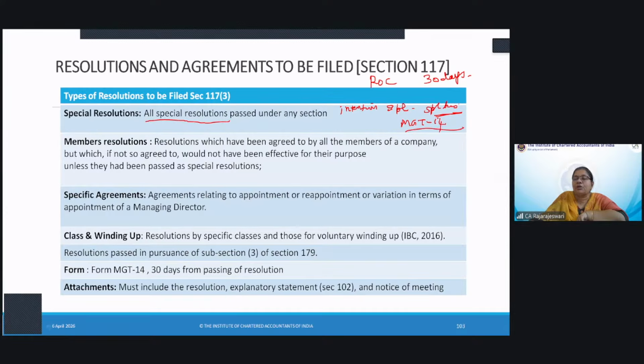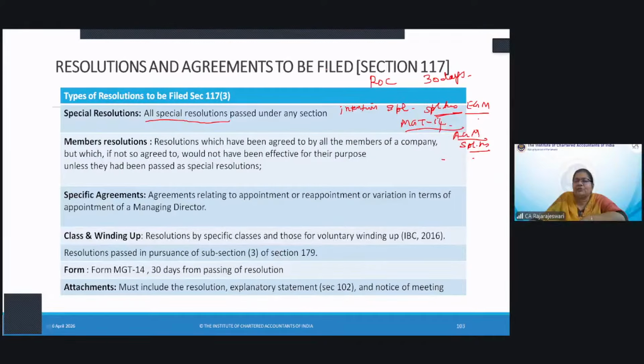The clue is that whatever special business you are transacting, even in an EGM, that resolution also you have to file with the registrar within 30 days in MGT 14. Then in AGM, other than the ordinary business, whatever is your special business, for that also you have to file MGT 14. Any extra agenda other than the ordinary business, you have to file MGT 14 with the ROC.